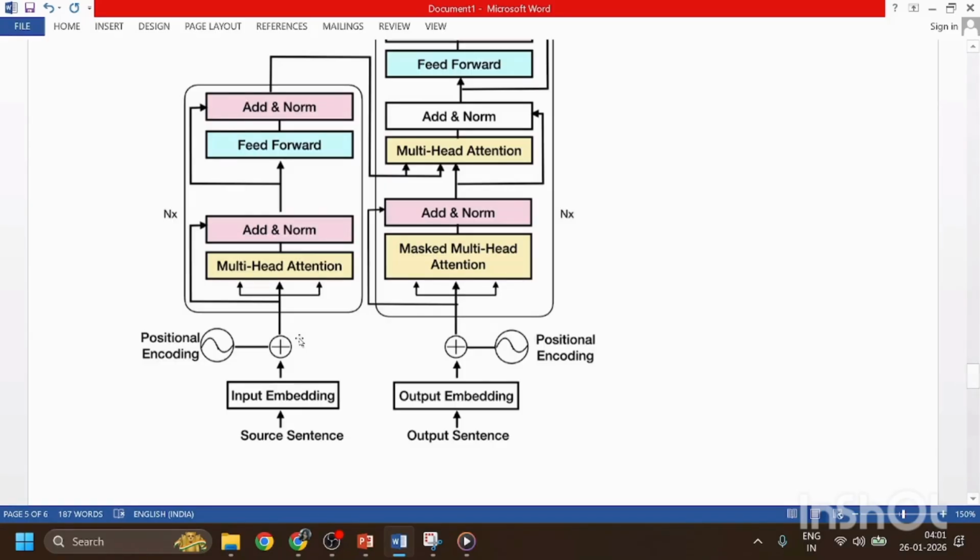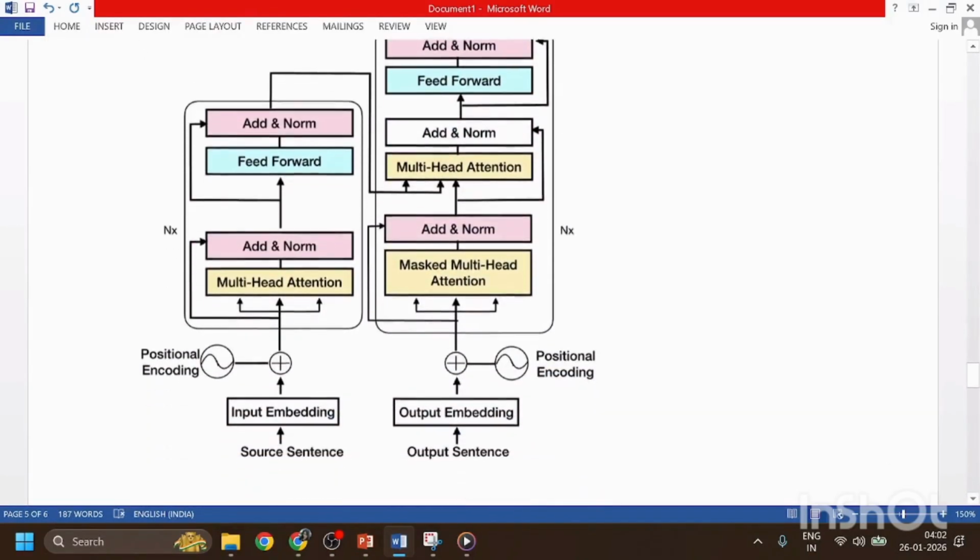This helps the model to capture the context and relationship, not just the word position.